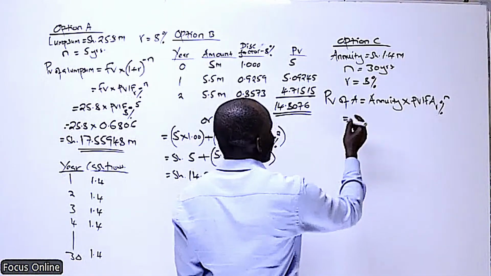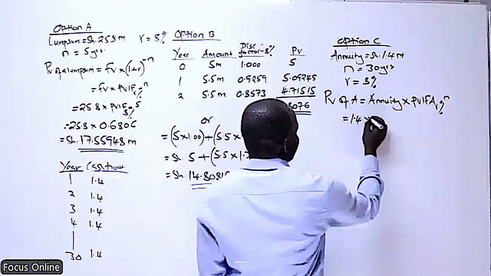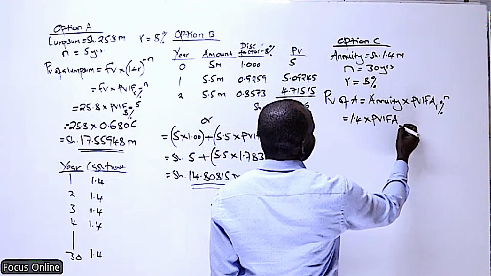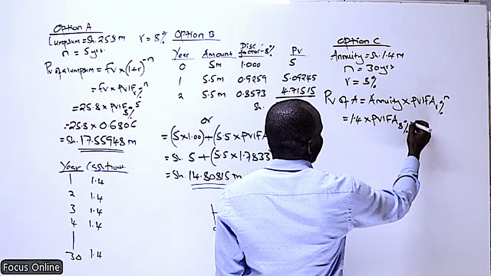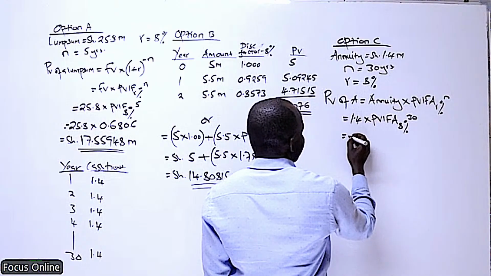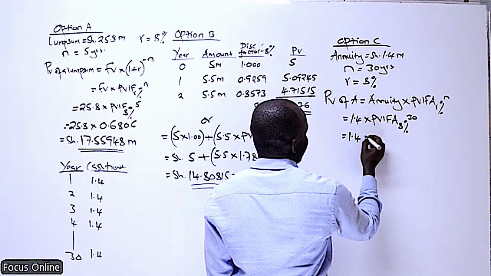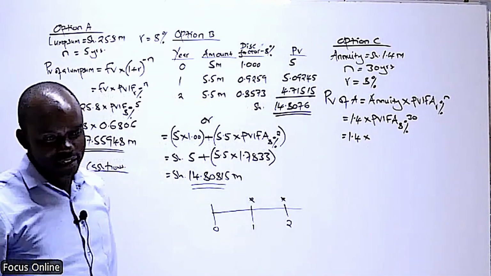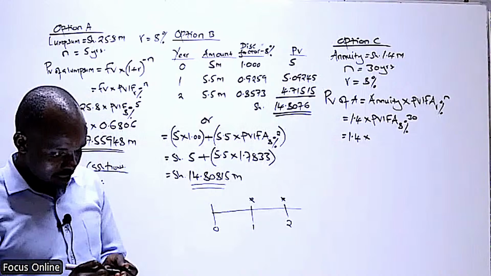So here you'll say 1.4 times present value interest factor annuity, 8% power 30, because our N is 30. So read 8% at 30 years.